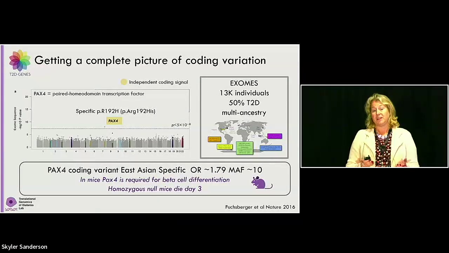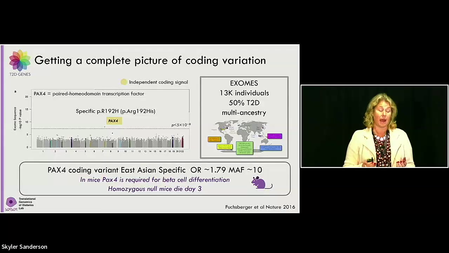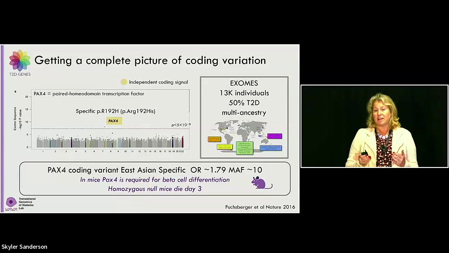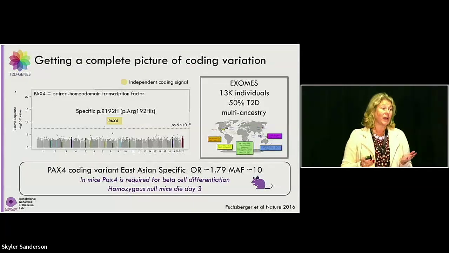The starting point of this story is the discovery back in 2016, in a large exome sequencing project that we did that was drawn from 5 different ancestries, of a variant in the PAX4 transcription factor that's unique to the East Asian population. So we started to think about how this causal coding variant could be increasing risk for diabetes. It's present in about 20% of East Asians who develop diabetes under the age of 45.